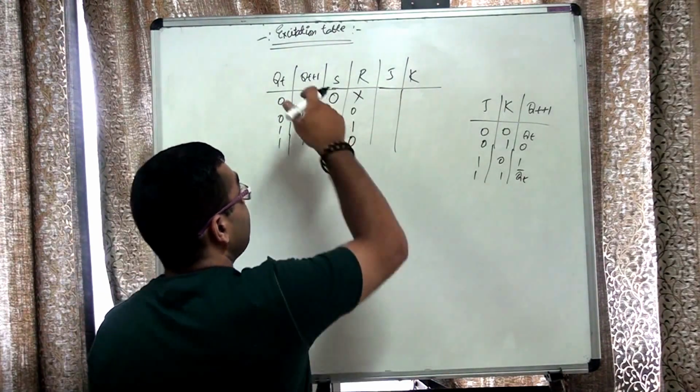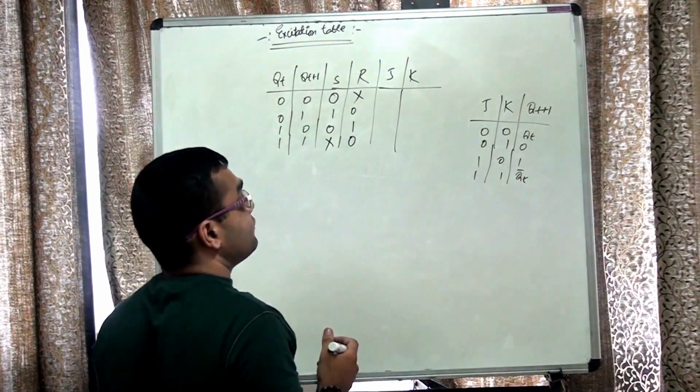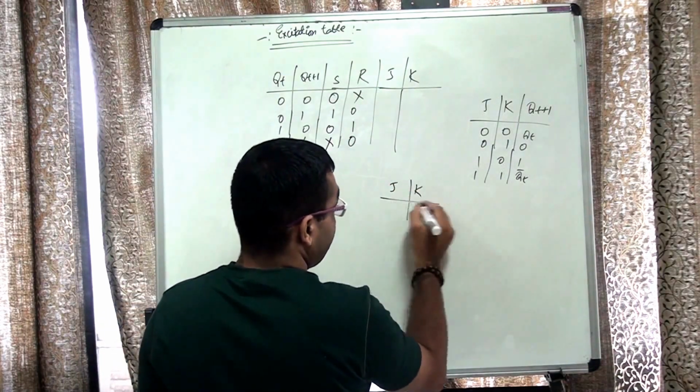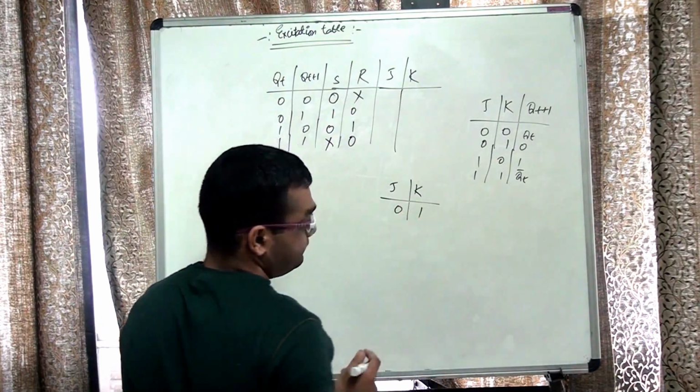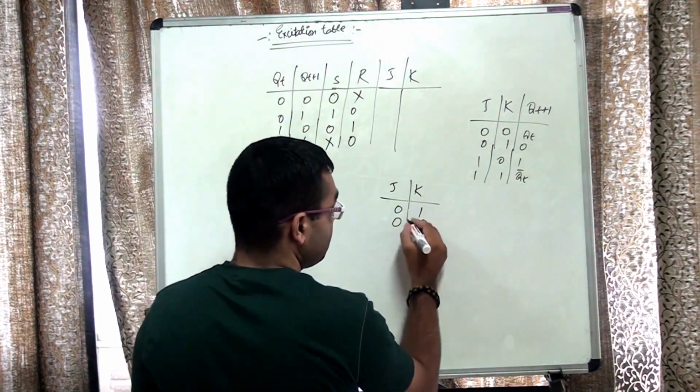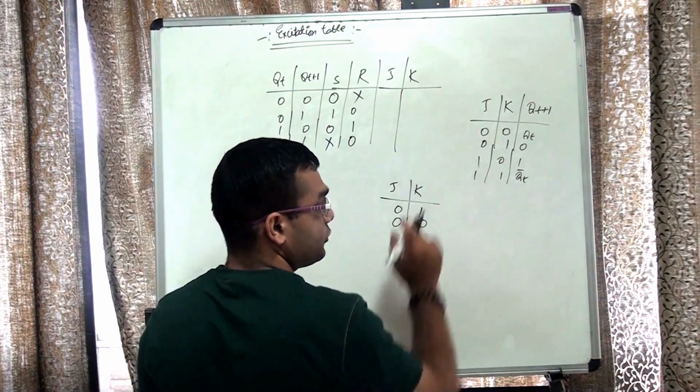Now over here, first of all again my Qt and Qt plus 1. First of all the next state value is 0. So my J and K have to be definitely 0 and 1. Now again both of them are equal, so that has to be 0, 0. This is according to the second row, this is according to the first row.